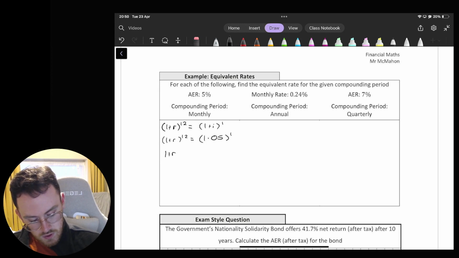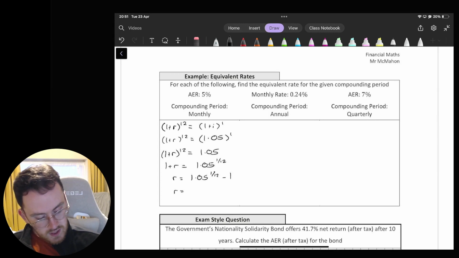So (1 + R)^12 equals 1.05. I'm going to take the 12th root, which is the same as writing that as to the power of 1 over 12, and then I need to subtract 1 from my overall answer to work out the value of R.